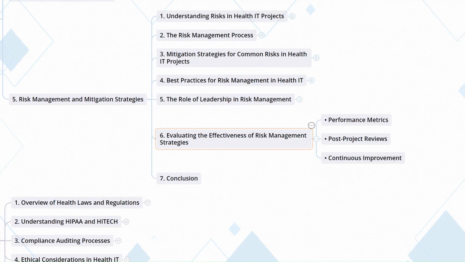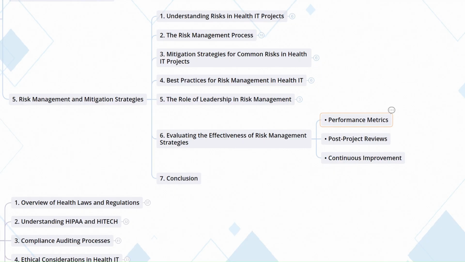Next, evaluating the effectiveness of risk management strategies. The effectiveness of risk management strategies must be evaluated regularly through performance metrics, post project reviews, and continuous improvement. Firstly, performance metrics.